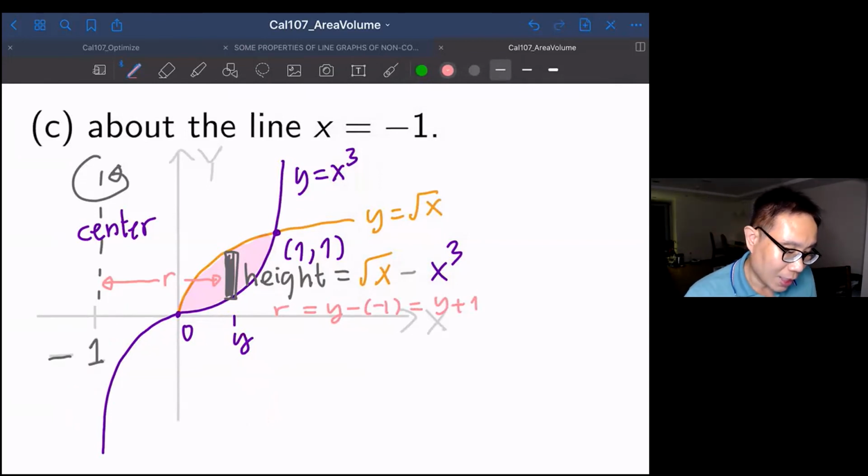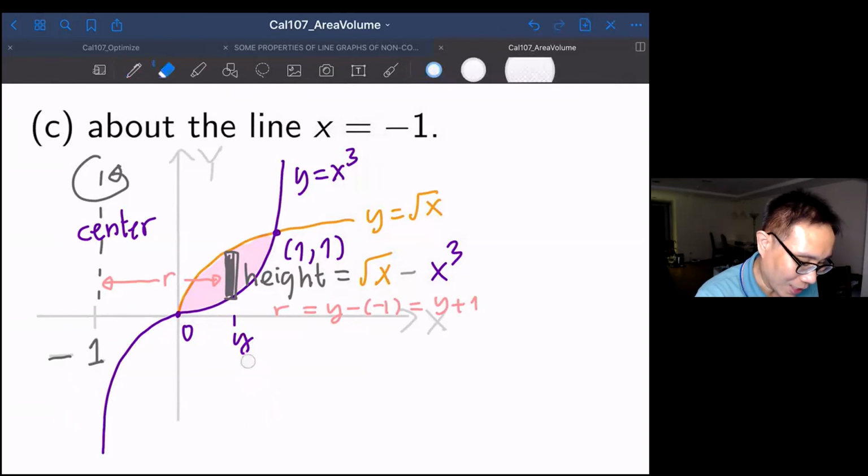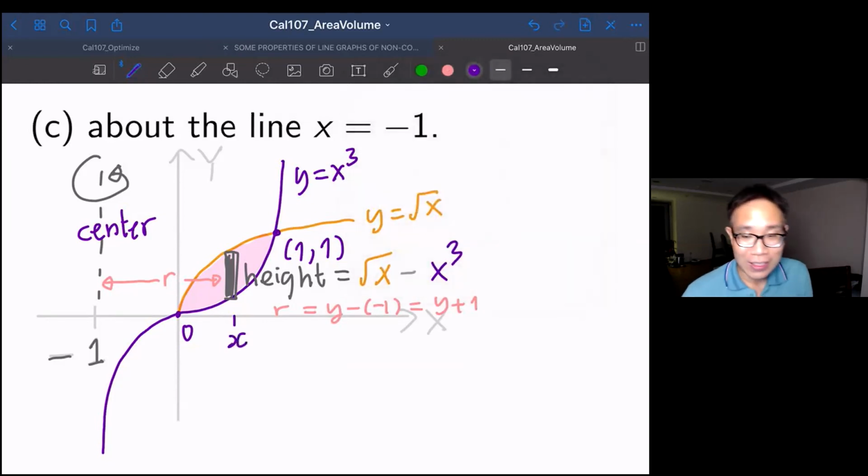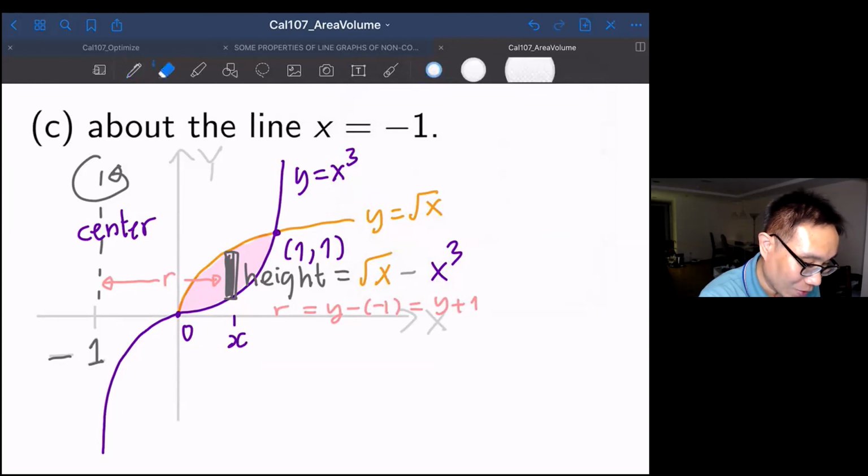Okay, and actually it's not y. It is x, it's on the x-axis. Sorry, I kind of made a mistake here. So you have x, it's not y then. So let me correct everything first.